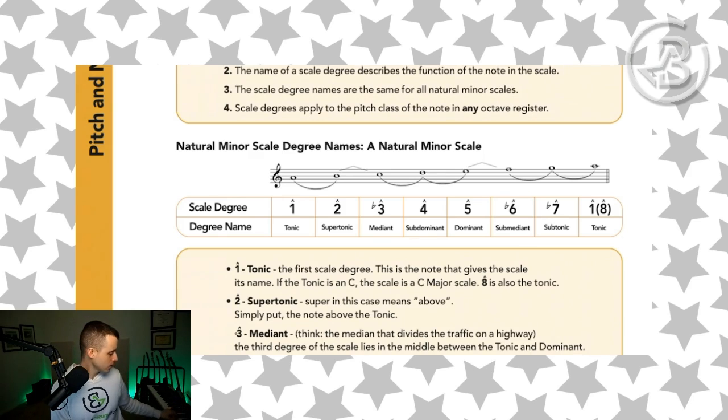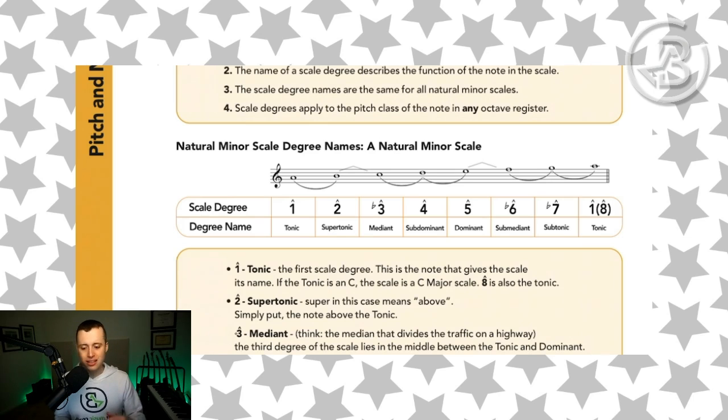The natural minor scale, between scale degree 7 and scale degree 8, 1, 2, flat 3, 4, 5, flat 6, flat 7, 8, there isn't that same pull, there isn't that same push, that same momentum to go back to scale degree 1, to go back to the tonic.